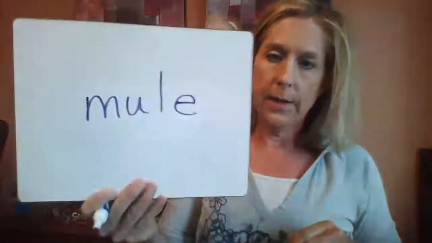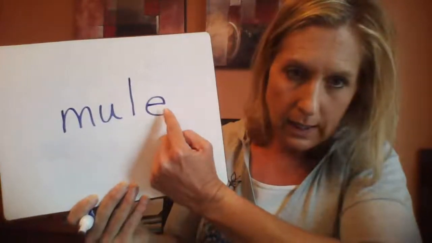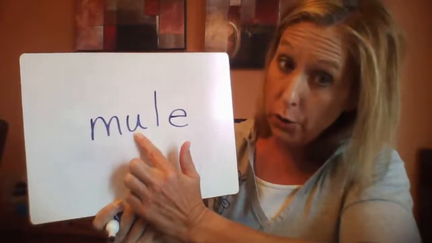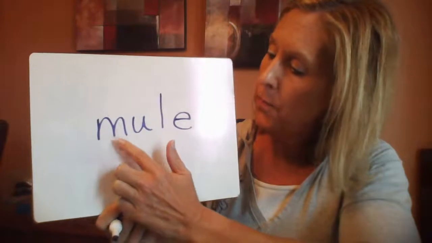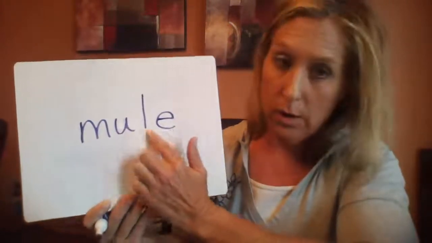Okay, here's another one with that U. This U is kind of a tricky one because in this word it actually does kind of sound like a U. It sounds more like the U than the oo. So see what you think. We notice automatically that E, so we're going to say U or oo. So it's going to go mule, mule.